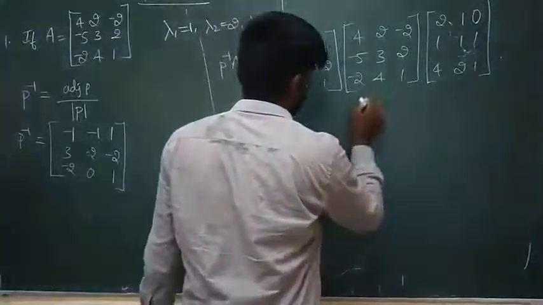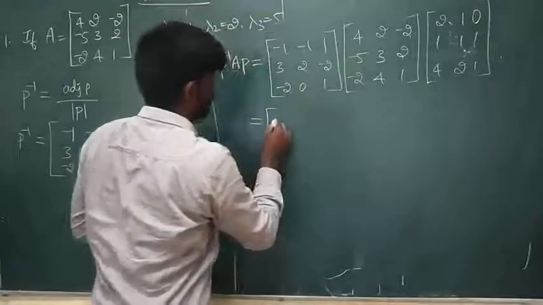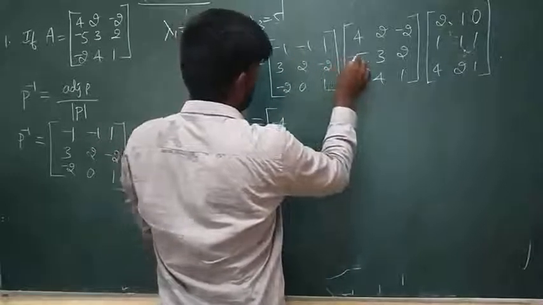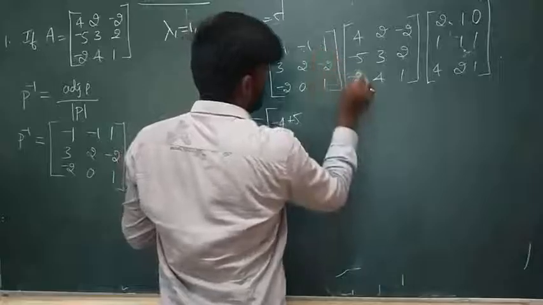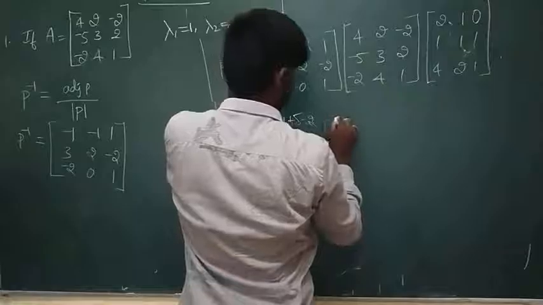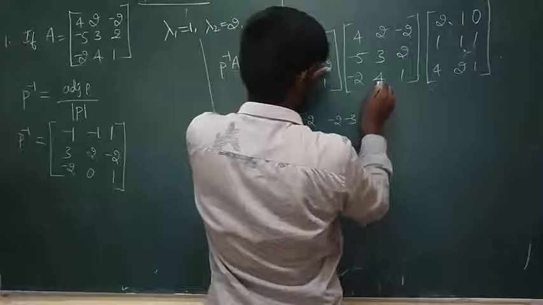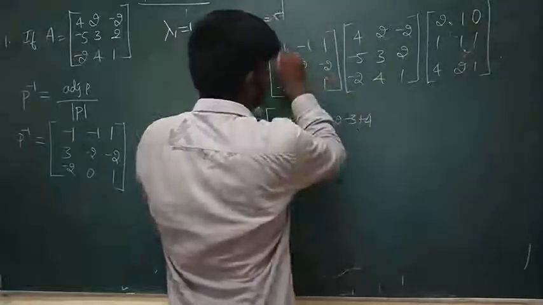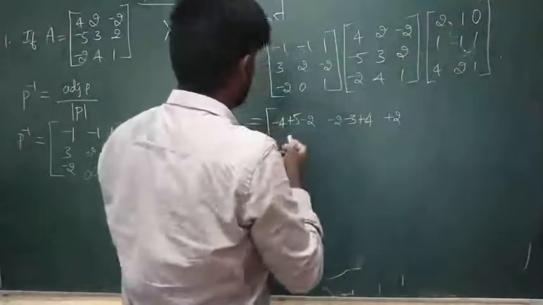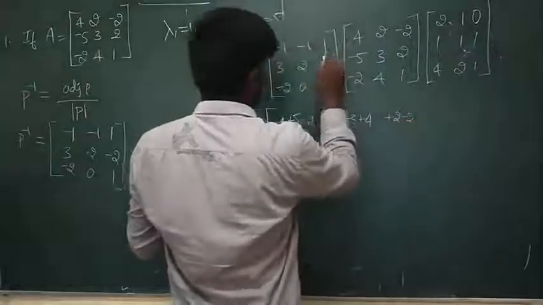First we multiply these two matrices. -1 into 4, -4, -5, 1 into -5 plus 5, 1 into -2, -2, 1 into 2, -2, -1 into -3, 3, 1 into 4 plus 4, -1 into -2 plus 2, and -1 into plus 2, -2, and 1 into 1.